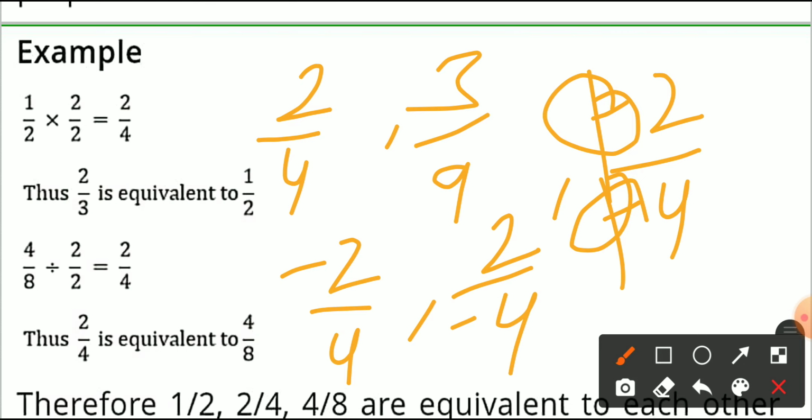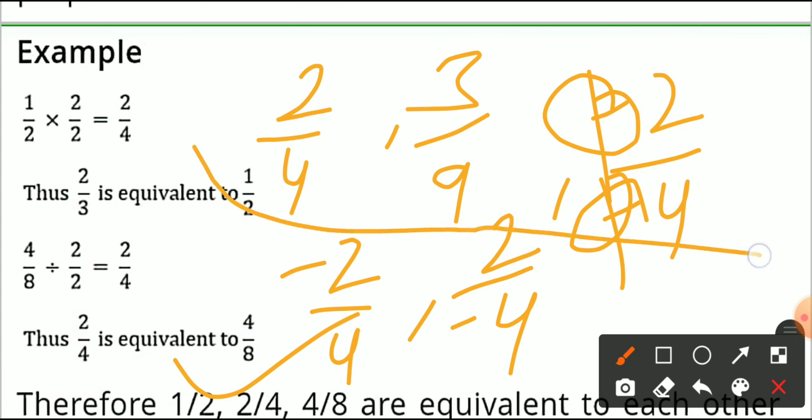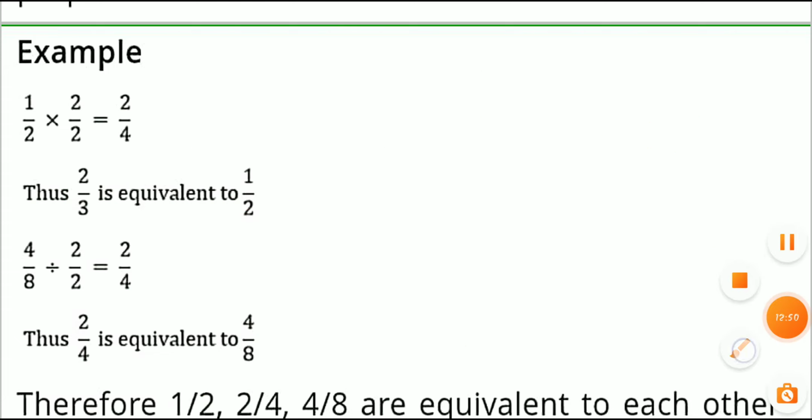If the numerator contains a negative sign and the denominator contains a positive sign, or vice versa, in the sense that the numerator contains positive and the denominator negative, then they are known as negative rational numbers, as you can see in this example. So why is it so, I'm going to tell you.